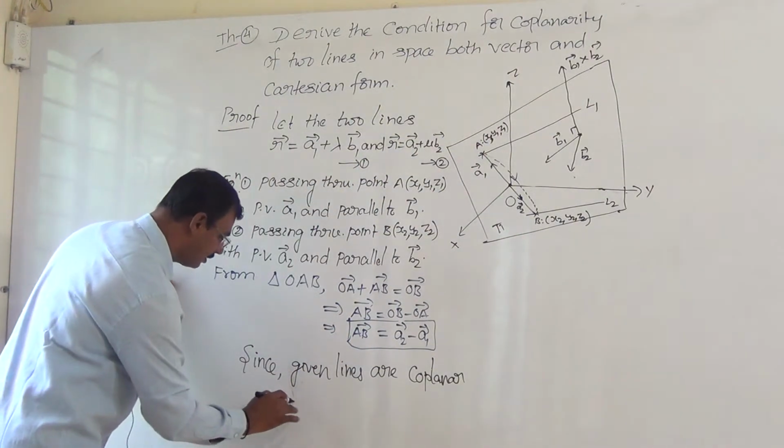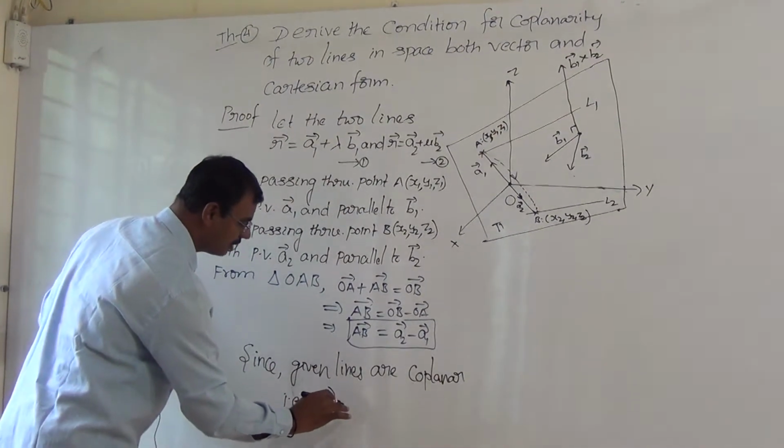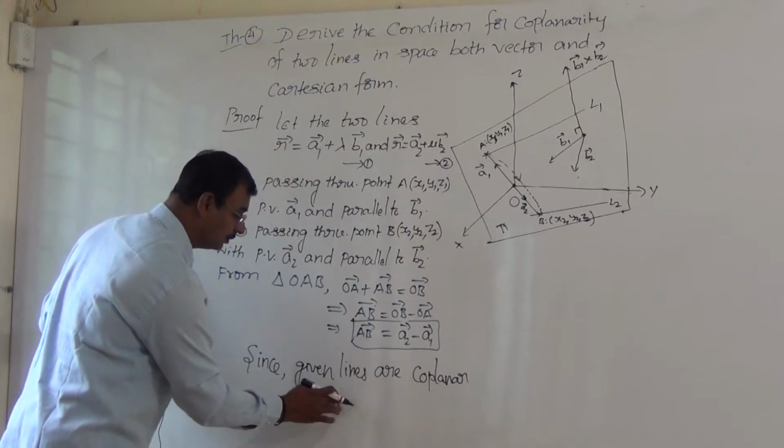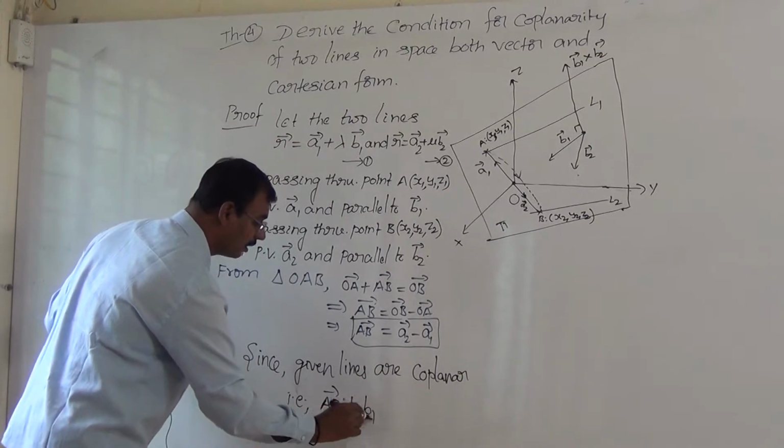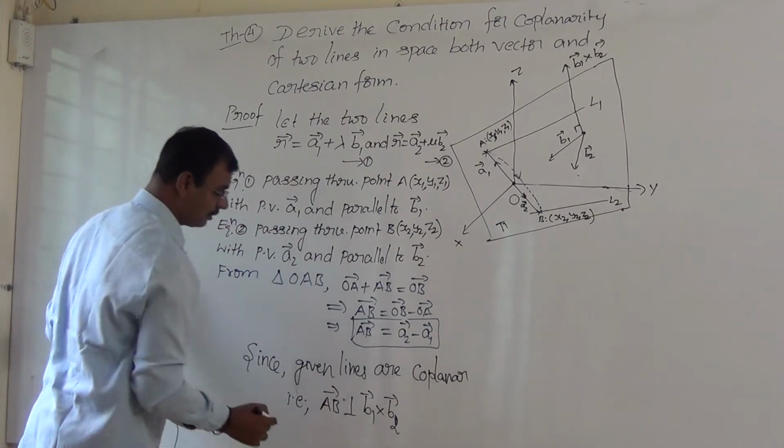That is, the AB vector is perpendicular to the B1 vector cross B2 vector.